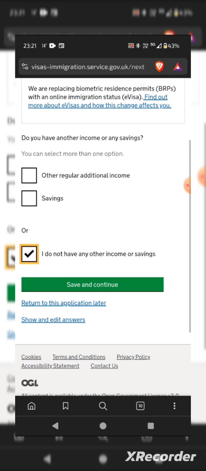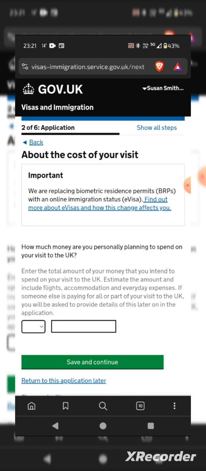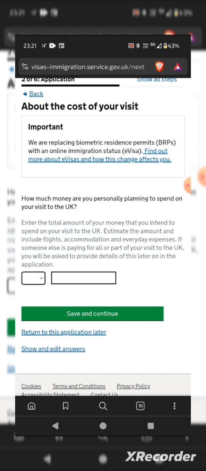So if you have other forms of income, you need to show it, and when you are showing, you need to prove it. Don't just write something that you cannot prove. You might have other additional income, but if you cannot prove it, don't write it. It's that simple. If I don't have any other income and just depend on my salary, save and continue. Then, how much money are you personally planning to spend?